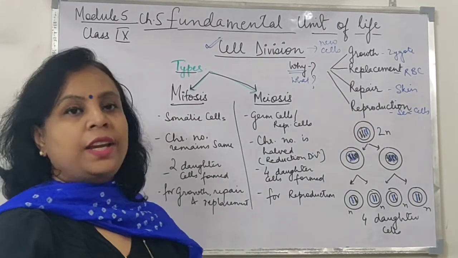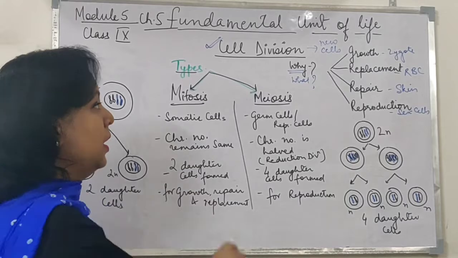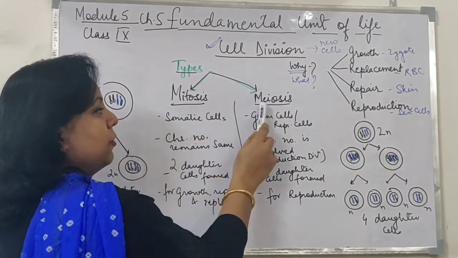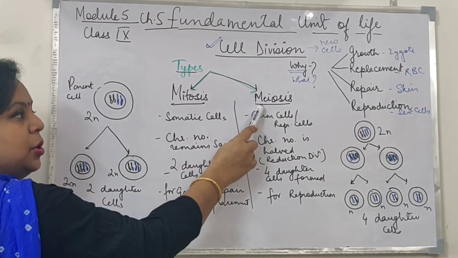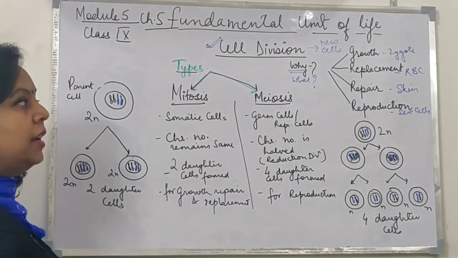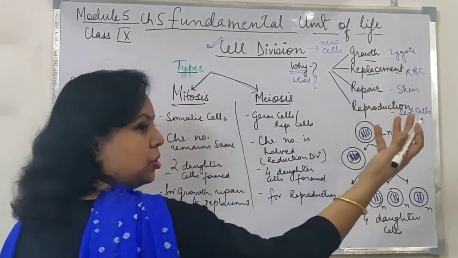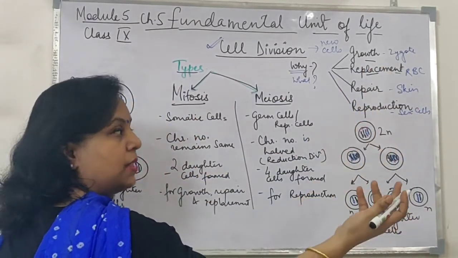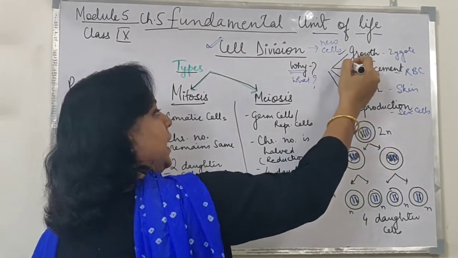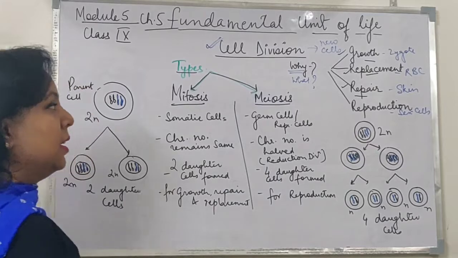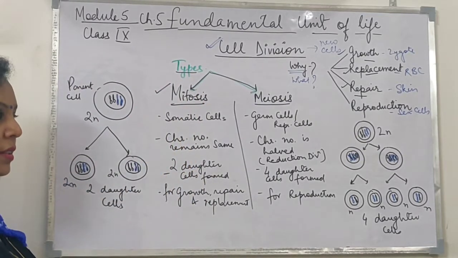Now, before we get into the details of cell division, it is important to tell you that cell division can be of two types, mitosis and meiosis. For activities like growth, replacement of the old and worn out cells, and repair of the body, these first three reasons, the cells undergo mitosis.